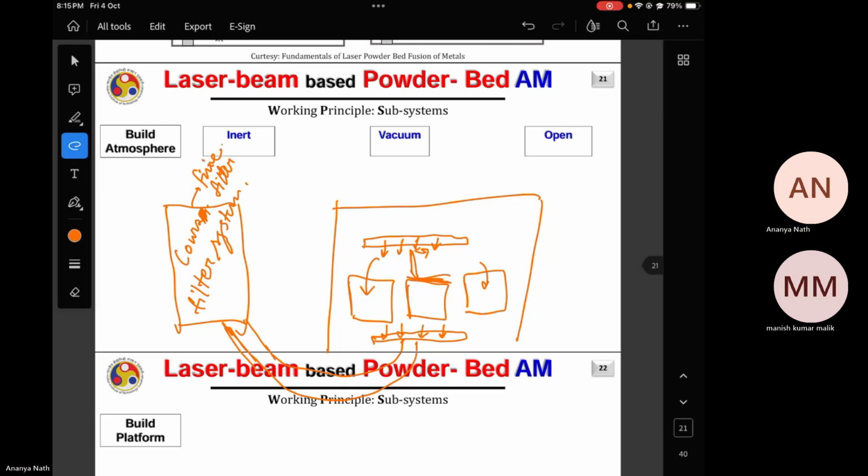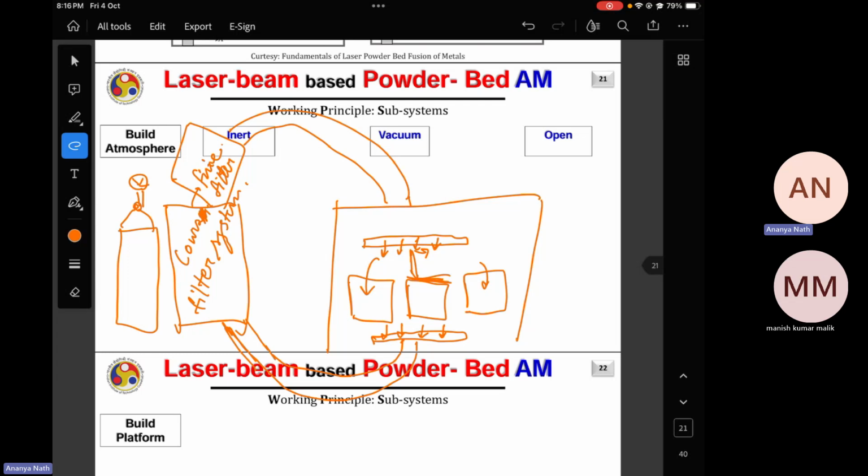After the two filters, when they come out, there is clean argon again. So this is how, if you are using one bottle of argon gas, you can use it multiple times. You can use it for a longer time.